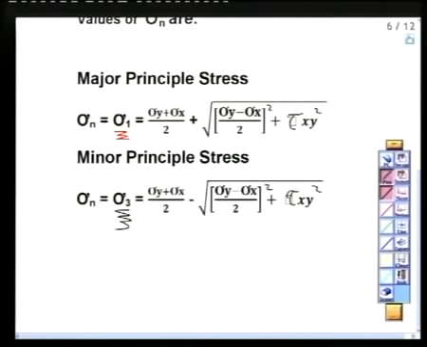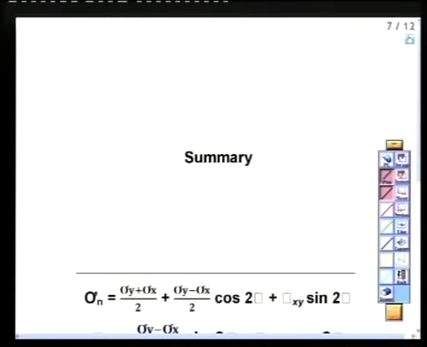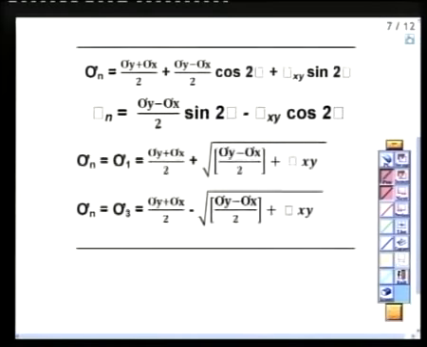So we ended up with 4 equations. See, summary. These are 4 equations. You can put them together. They are very important.